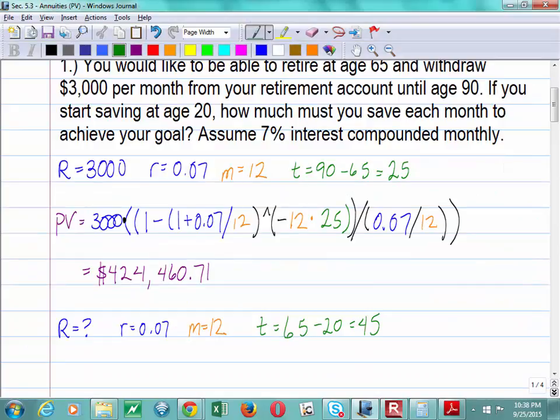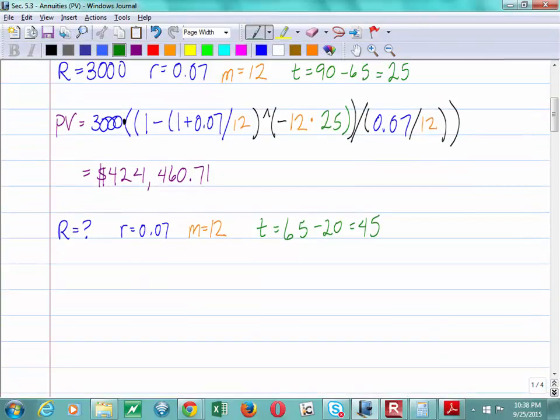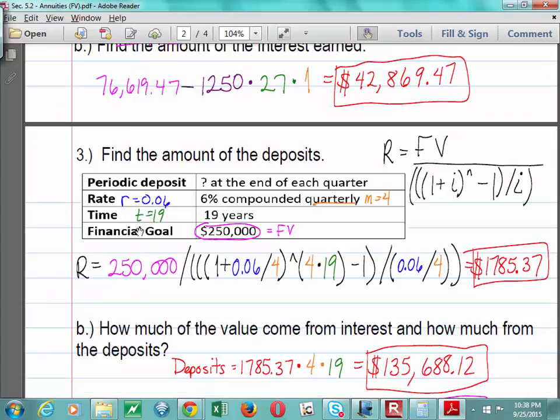So now that present value is actually the present value when you're 65, but when you're 20, that's your future value. So we take that value. So we're trying to find R. R equals $424,460.71. It's the future value over all of that.